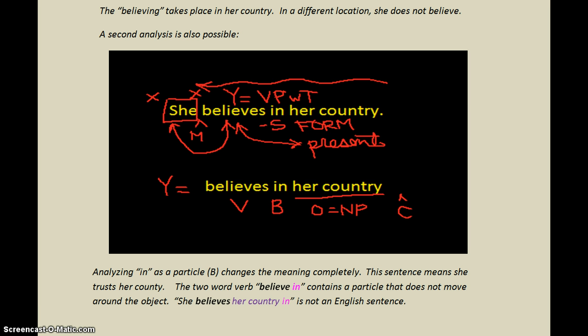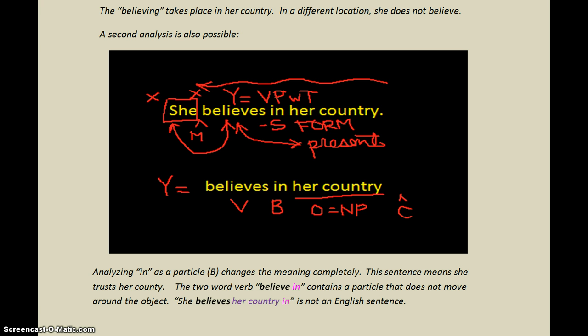English happens to have quite a number of two-word verbs, and when we realize that the Y contains a place for a particle, and that particles look like prepositions, and we become sensitive to it, I think we'll start to realize, oh, we're not dealing with prepositional phrases, we're dealing with two-word verbs. It makes us much more sensitive to what's really happening in a sentence.